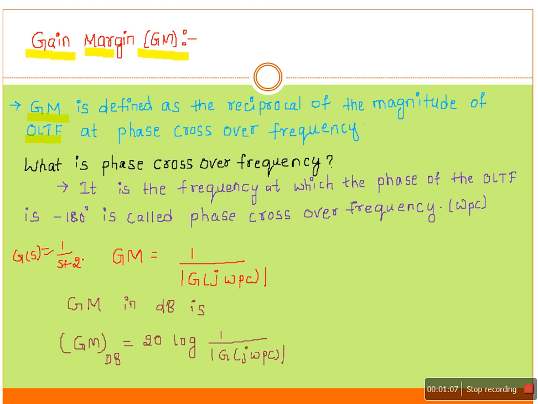First substitute s equal to j omega, and the magnitude is 1 by square root of omega squared plus 4.